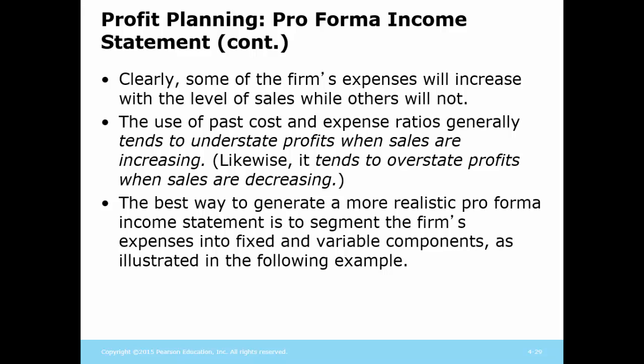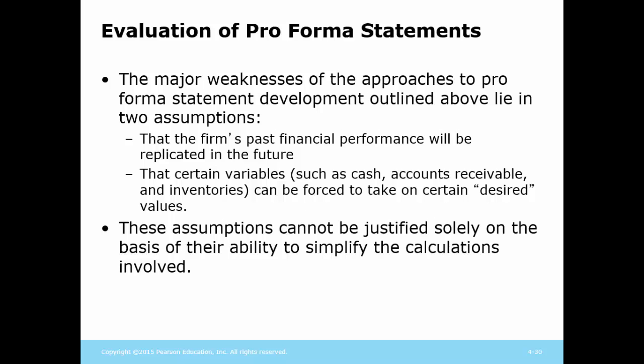Of course, the trick then, the disclaimer is, does the history of the company adequately reflect the future? And the answer to that, of course, is probably not exactly. So again, we come back to this idea that this is a prediction. By its very nature, it is incorrect because it is a forecast. So we're going to work through this through the class on how this process actually works. The major weaknesses are, as I just mentioned, past performance is used.